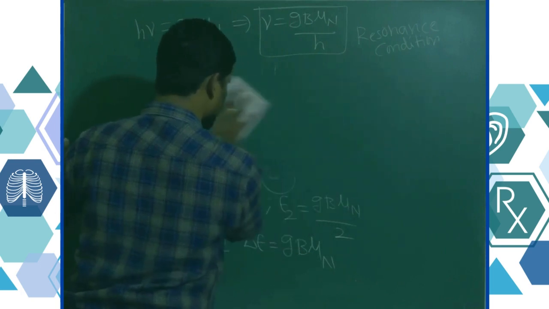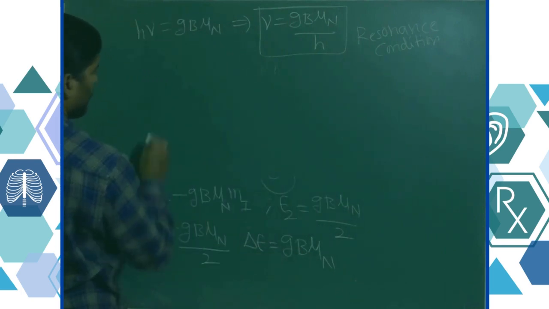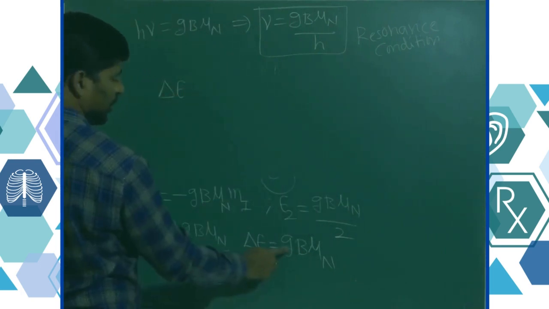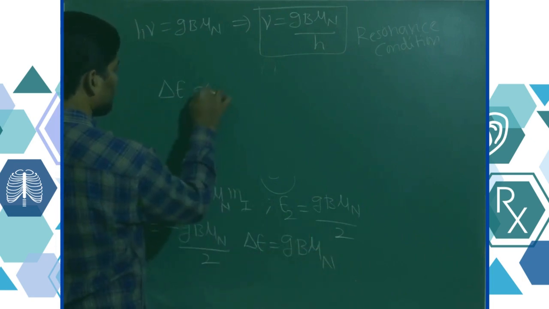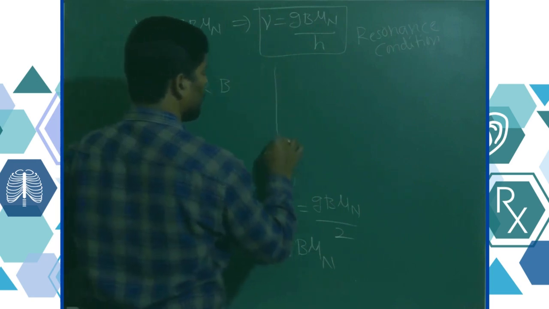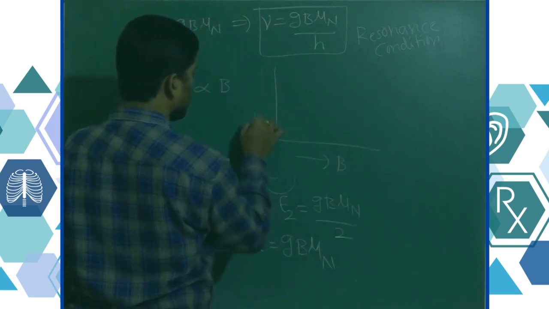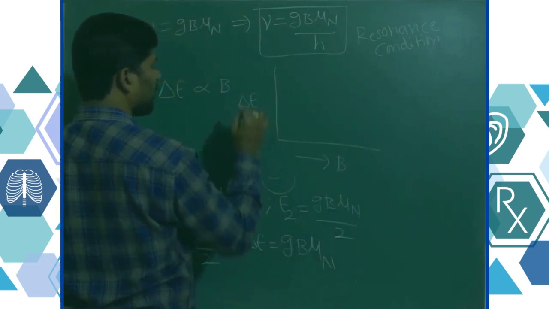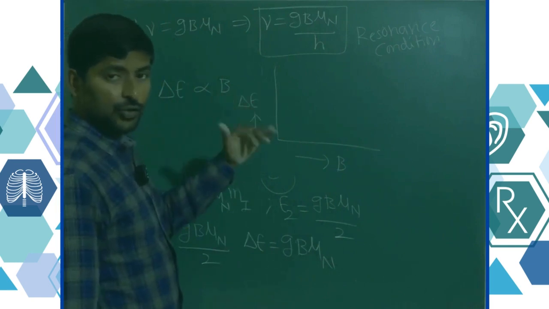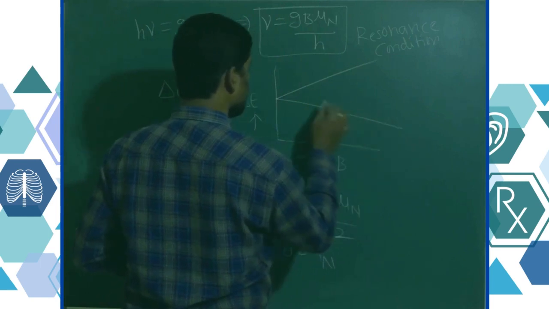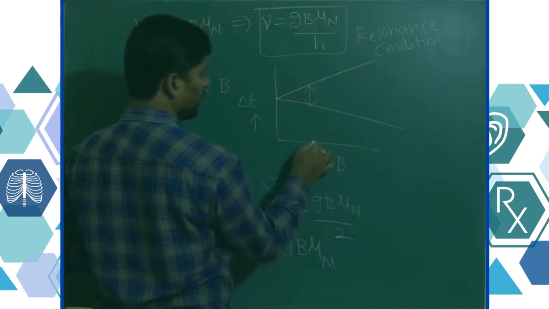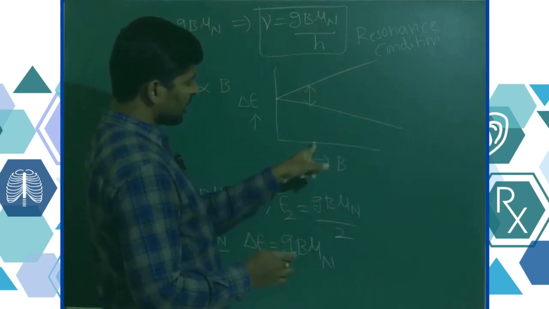And here if you observe, delta E is directly proportional to what? g, the nuclear g factor, and mu n, the nuclear Bohr magneton, are constant. Delta E is proportional to B. So as the strength of the magnetic field increases, the energy gap between nuclear spin energy levels also increases. This is the gap at this strength of the magnetic field.